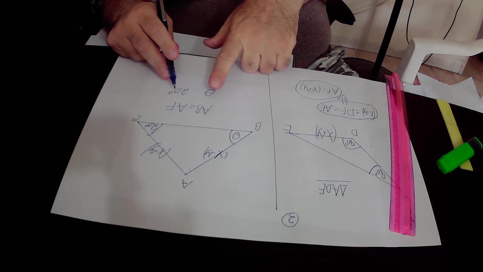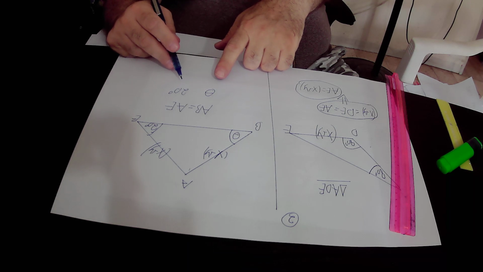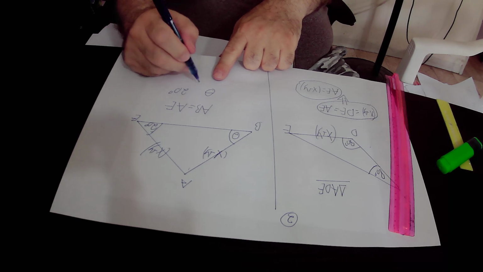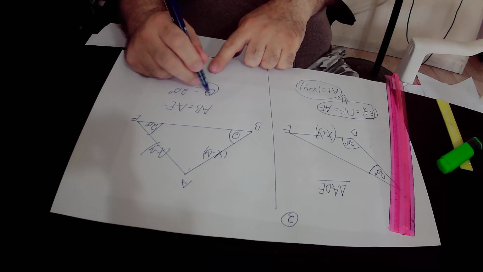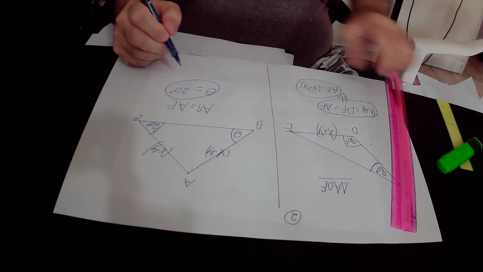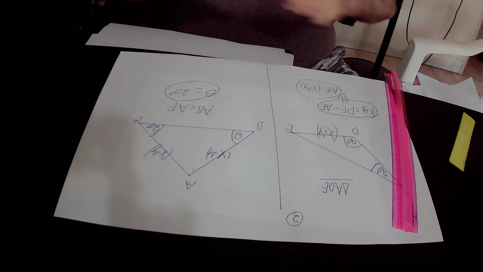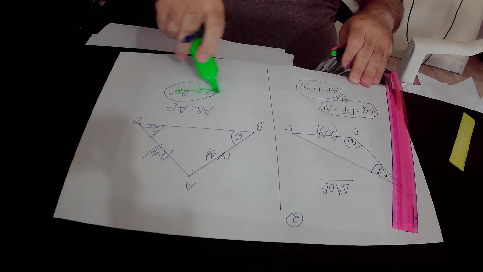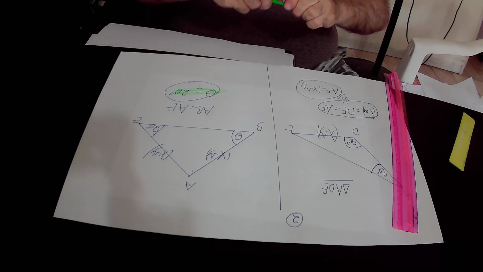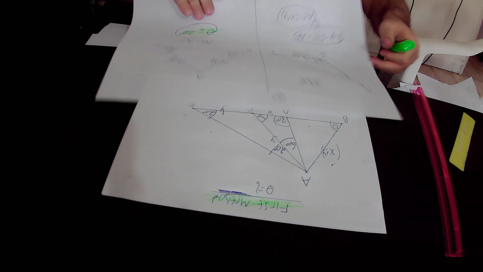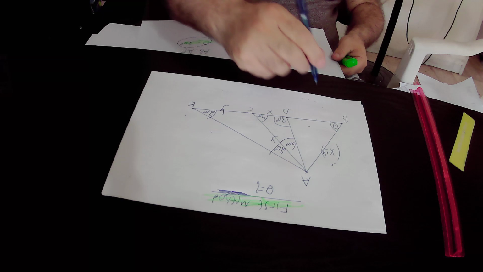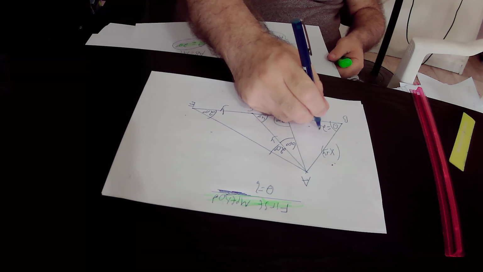Here side AB equals side AE. They are located in front of equal sides, and therefore they are also equal to each other. That is to say, angle theta equals 20 degrees. So I found out that the angle that we are looking for, angle theta, is equal to 20 degrees in its size.